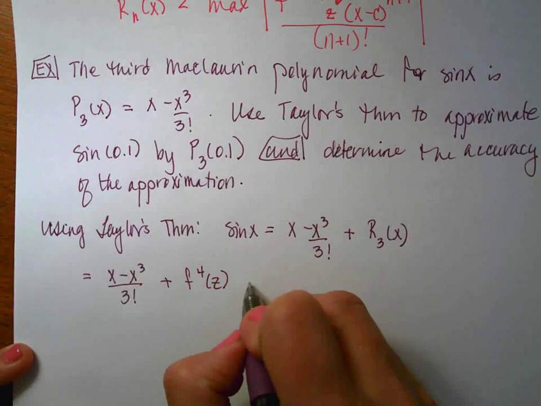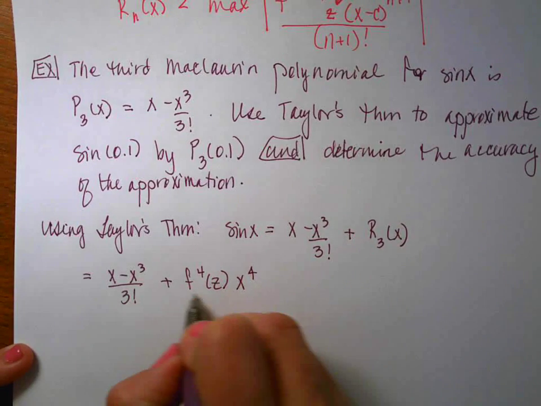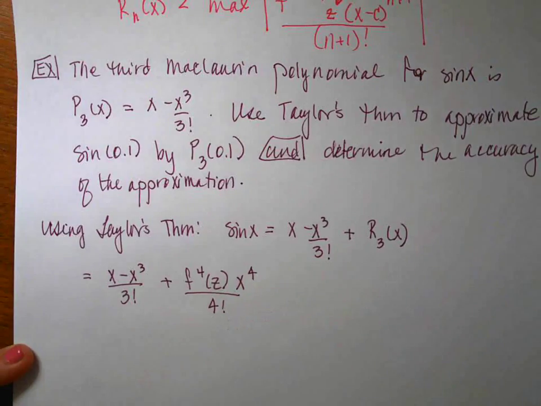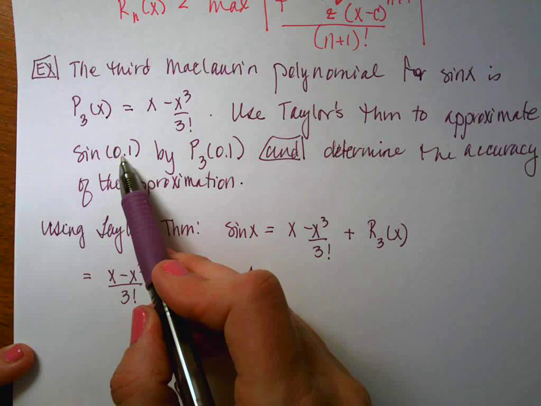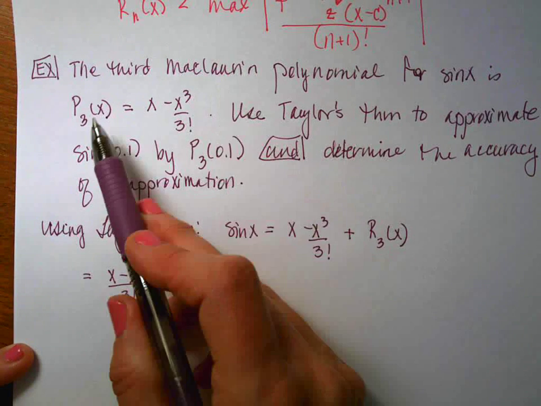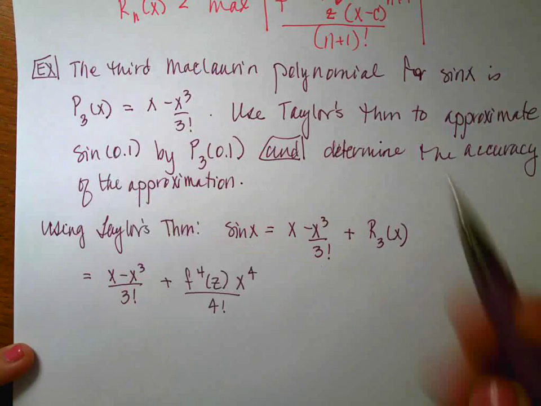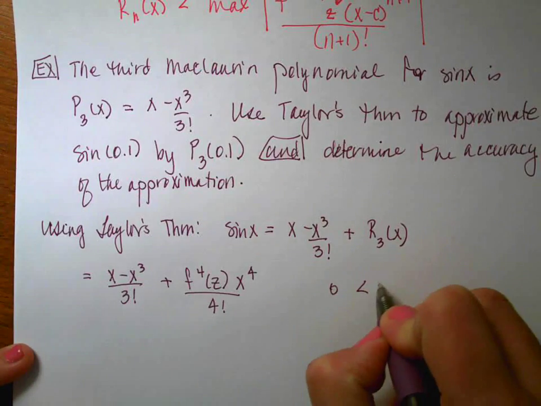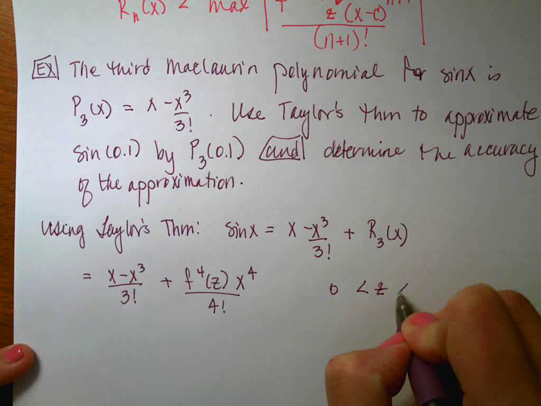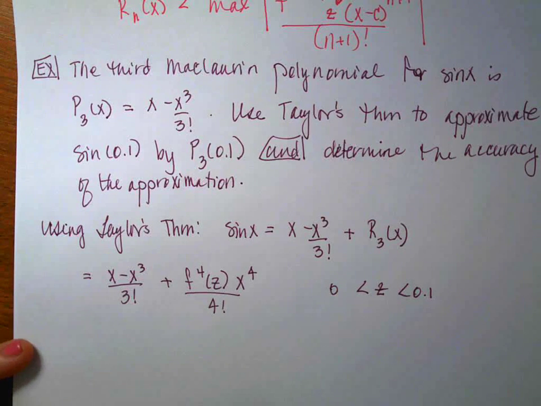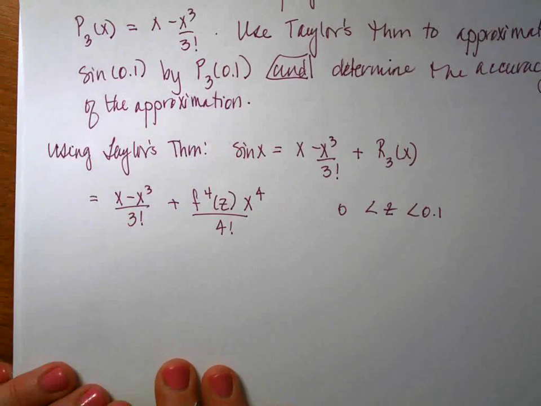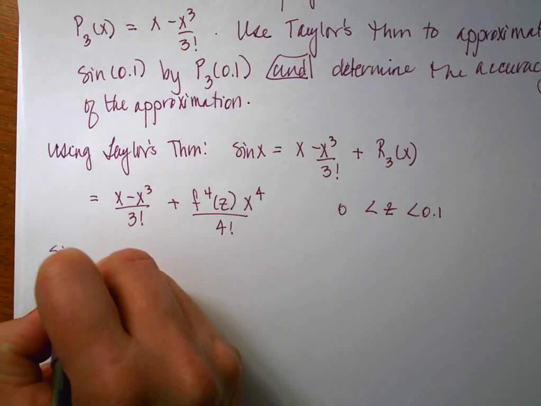So this is going to be f to the fourth, evaluated at z, x to the fourth over 4 factorial. A Maclaurin says that my x value is 0. I want to evaluate it at 0.1. So somewhere in that interval, I'm going to have my z value, and it's going to be between 0 and 0.1.